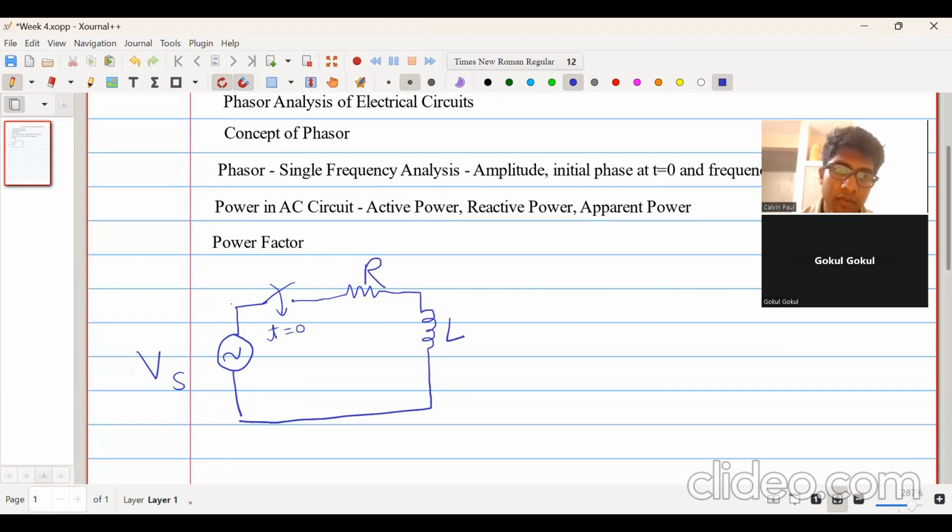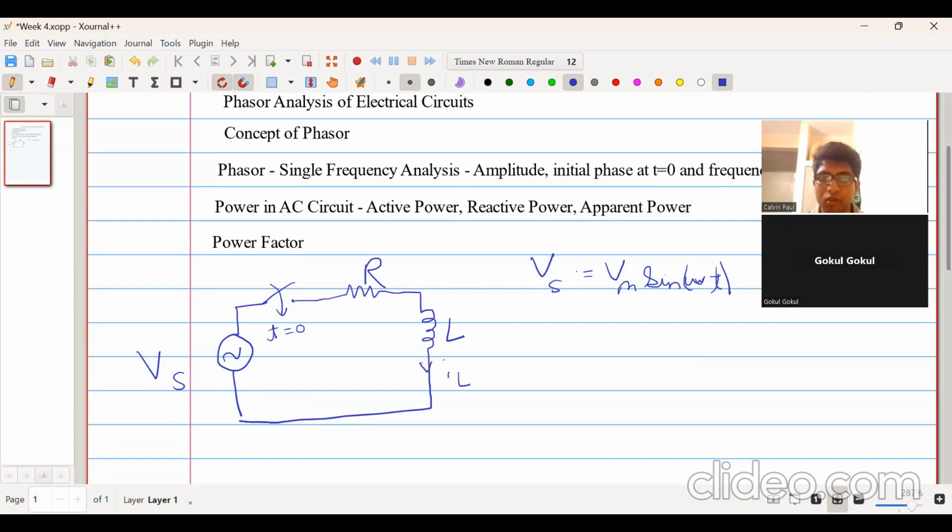This is a voltage source, which is an AC voltage source, which will give a voltage of Vs equal to Vm sine omega t. This is the voltage the source is generating. It is a function of time, so it is like a sinusoidal excitation to this RL circuit. Also, this is the inductor current.